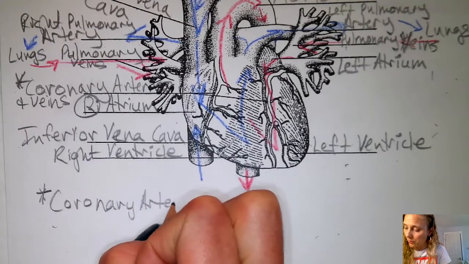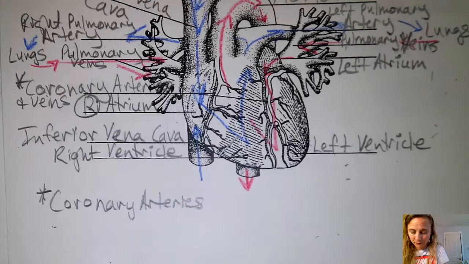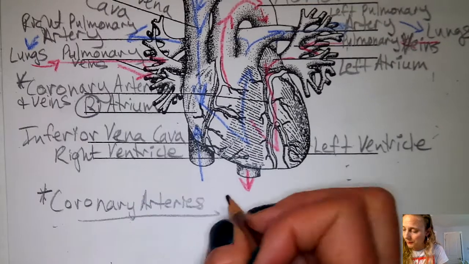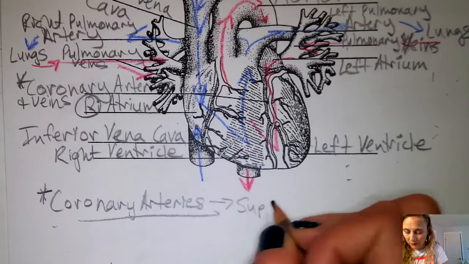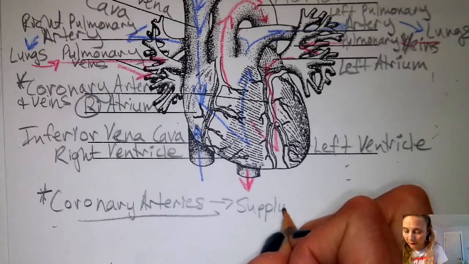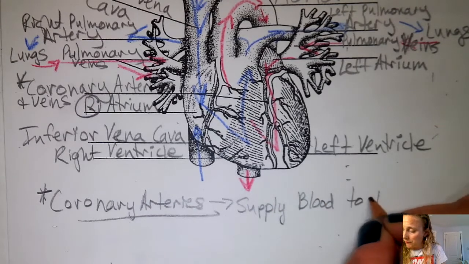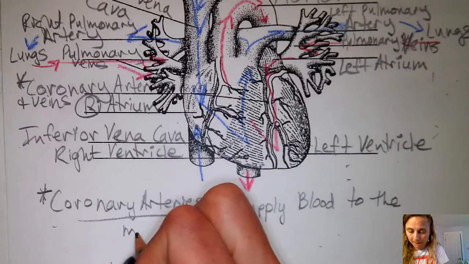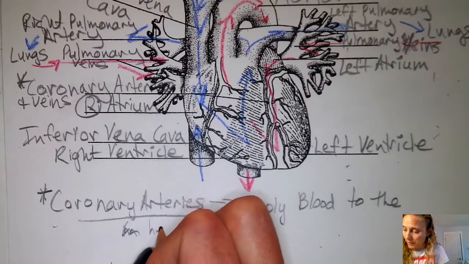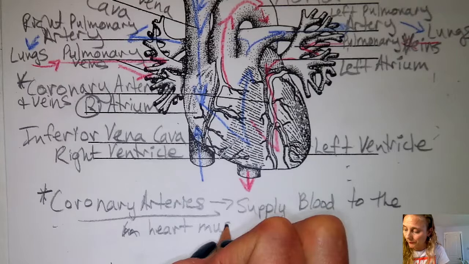Coronary arteries and veins. Well, arteries supply blood to the heart muscle itself, right? And so, yeah, the heart is a muscle, and it's going to need its own oxygen supply.